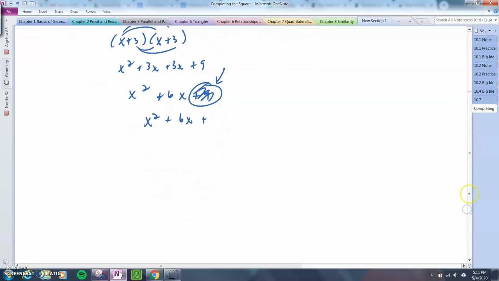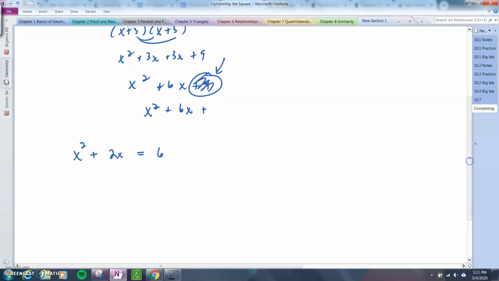So just to give you a couple of other examples, let's say you have something like, sorry, x squared plus 2x equals 6. And we want to use completing the square to write this differently.